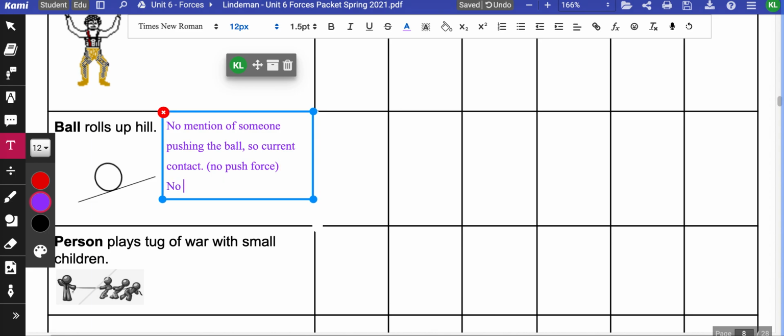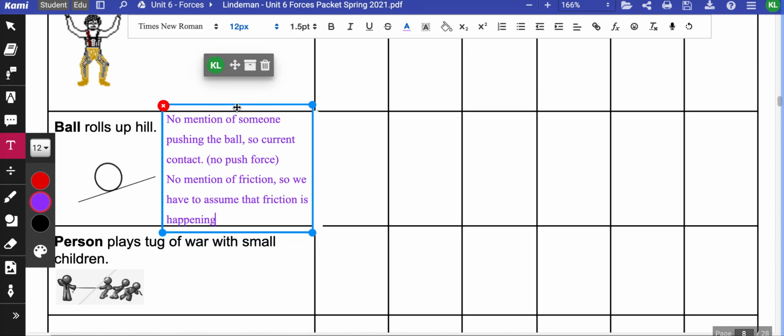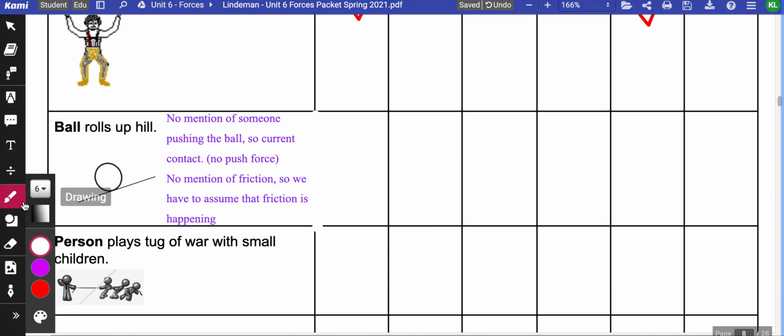There's also no mention of friction. So we have to assume that friction is happening. A lot of times I feel like you can assume, oh, if something's not mentioned, it is not happening.